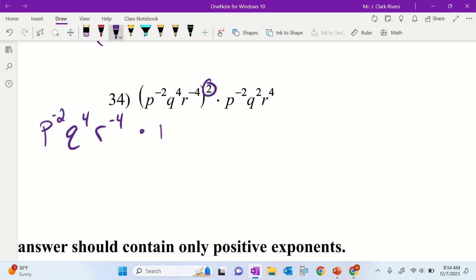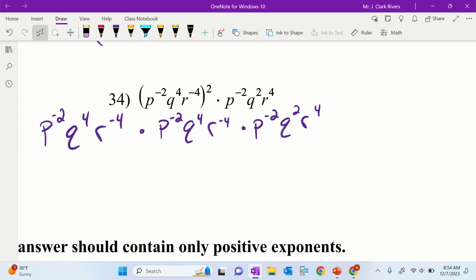Because we're squaring it, so you got to write that whole thing again. So that's p to the power of negative 2, q to the power of 4, r to the power of negative 4. I'm squaring this, so I write it twice when I multiply it. I'm going to write this other piece over here, and we'll address that in a bit. P to the power of negative 2, q squared, r to the 4th.